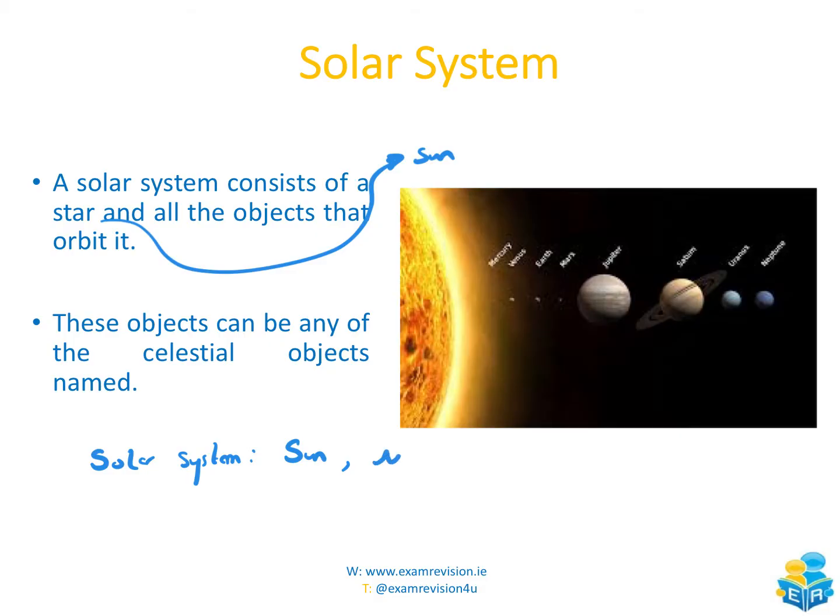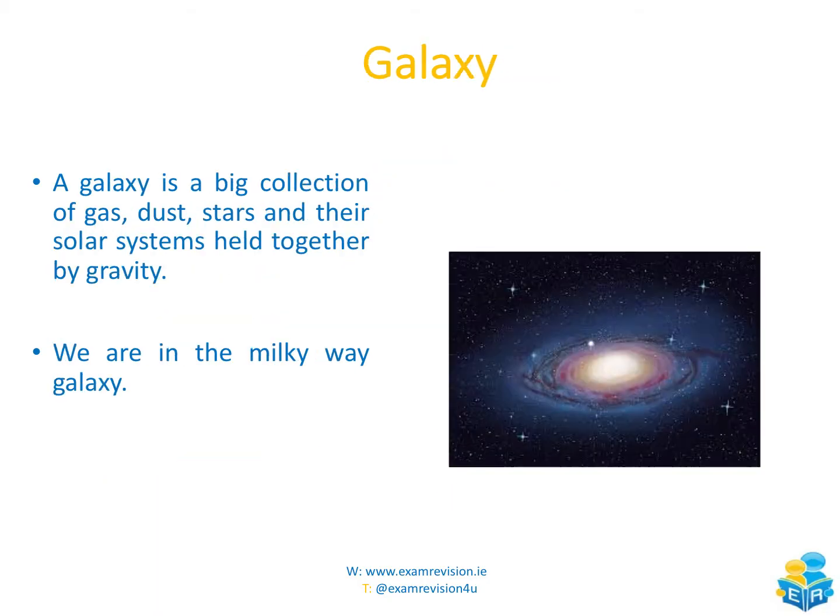We have lots of moons. We can have dwarf planets in there as well. And we have millions and millions of asteroids, comets, meteors. All of those compose our solar system. Okay, so it's the star and all of the objects that orbit around that star.